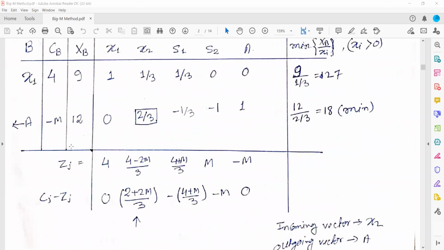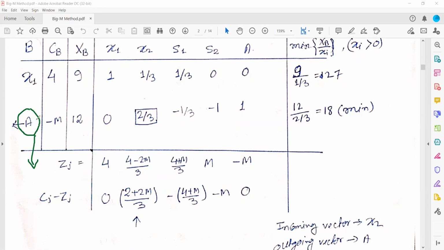Now here A is the artificial variable. This is not in the basic variable column. Once the artificial variable is gone out of the basic variable column, try to understand this part. I have already explained it, I am just recalling it.